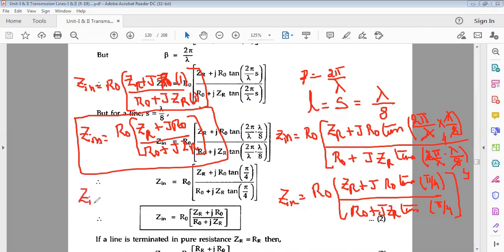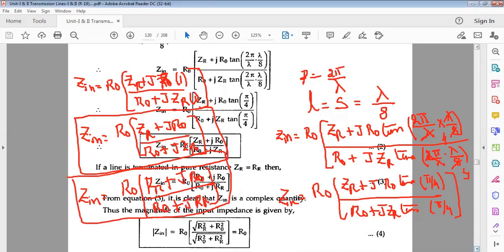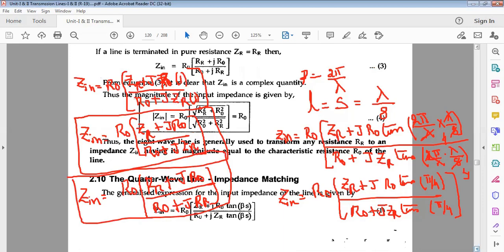So Zin is equal to R0 into ZR as RR plus J into R0, whole divided by R0 plus J into RR. Okay, all the values are now in terms of the resistance only, not the impedance. ZR is equal to RR and Z0 is equal to R0.